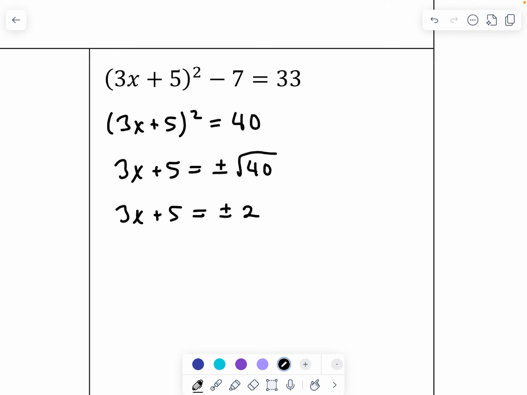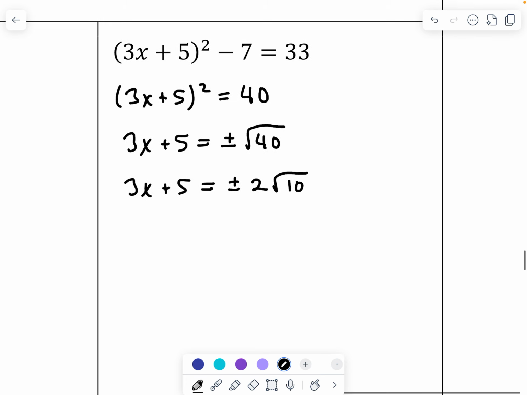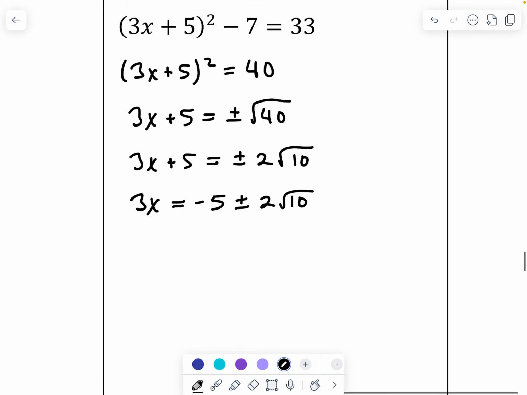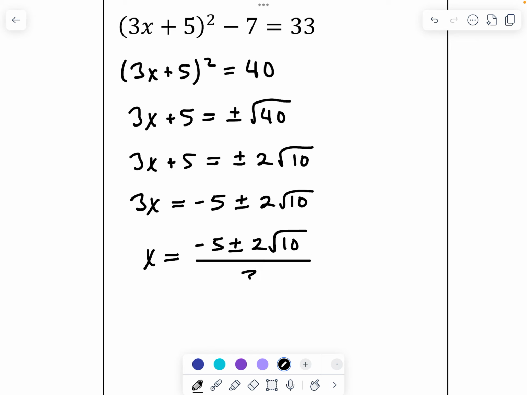So 2 root 10. Subtract 5 from both sides, negative 5 plus or minus 2 root 10. And then divide everything by 3. We have x equals negative 5 plus or minus 2 root 10 all over 3. And that would be the answer.